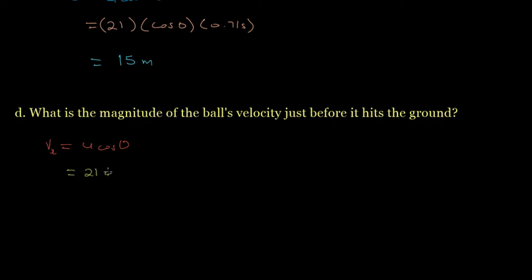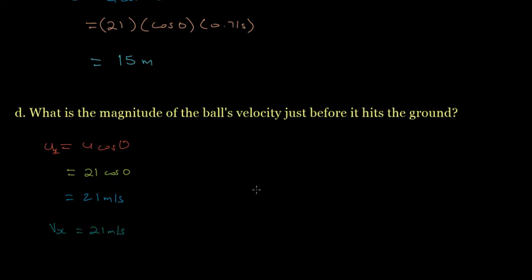We take the cos of 0, so obviously we get 21 meters per second as the initial horizontal velocity. So let's call this Ux. Ux is 21, and again it remains unchanged, so Vx will also be 21 meters per second.